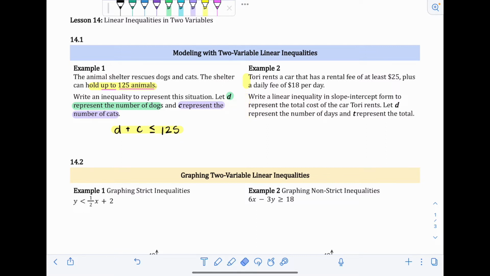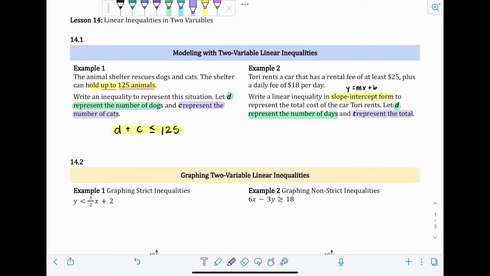So it says write a linear inequality in slope-intercept form. Slope-intercept form is y equals mx plus b. But they're telling us to use different variables here than x and y. So they're saying let D represent the number of days and T represent the total.